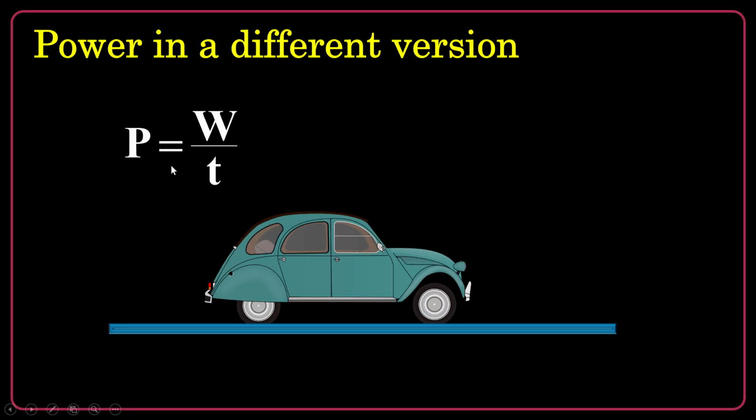Power in a different version. I told you power is W over t. Let's say this is the work done by the forward force of the car, so it's the power developed by the forward force. Basically, in the real world, the car is acted on by a resistive force, a drag force of f, small f. Now let's suppose that the car is moving at constant speed, so there is no acceleration.